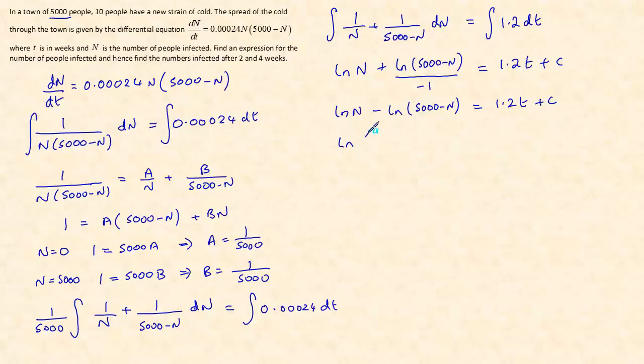So ln of n over (5,000 − n) is equal to 1.2 t plus a constant.